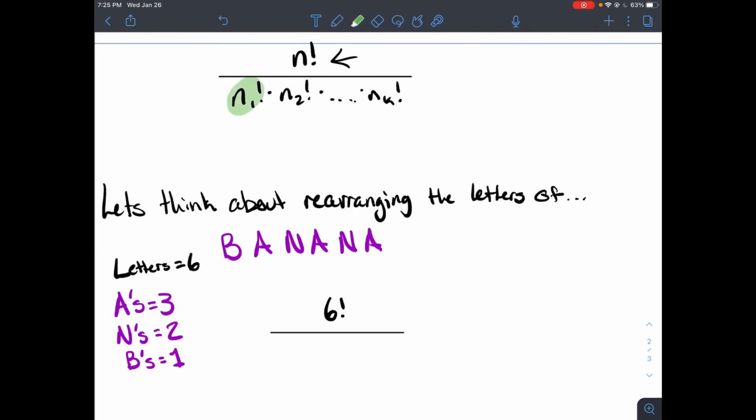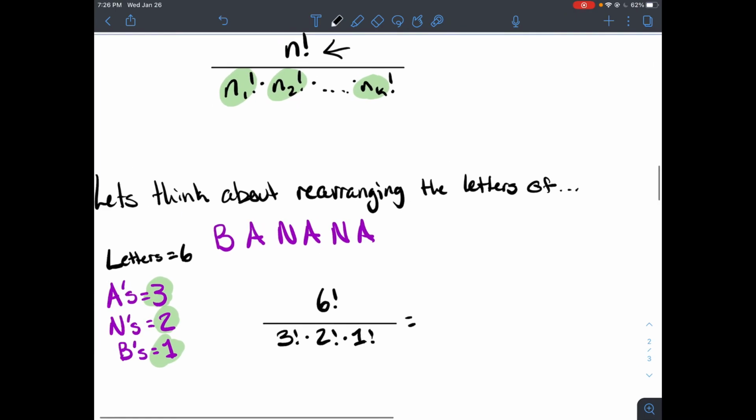So n sub 1 can be our A's, which is 3. N sub 2 are N's, which is 2. And lastly, n sub k, and k over here just means our last category. That's what that signifies. Is going to equal 1.